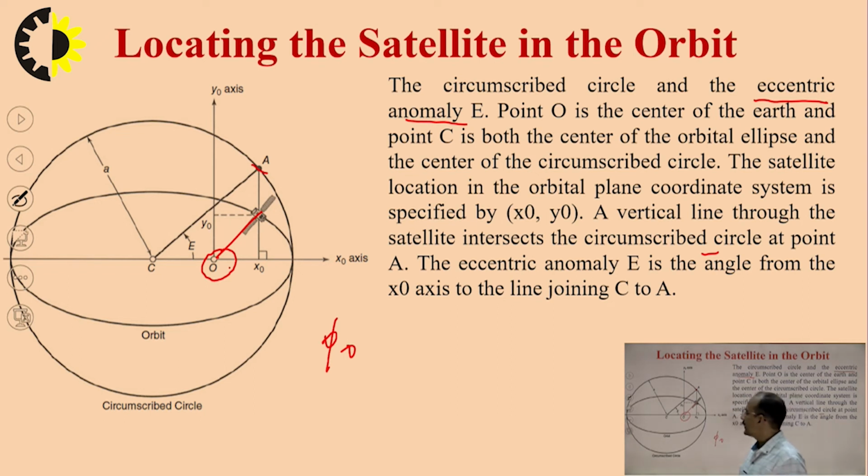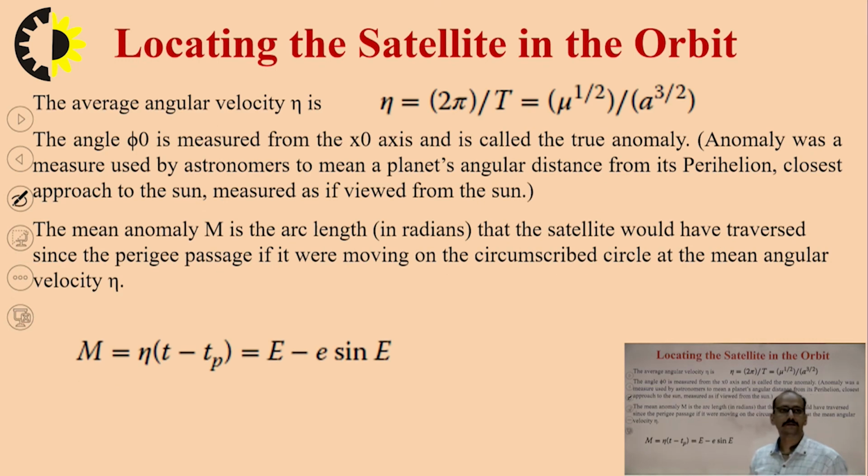When we join this point with C, we get the CA axis, and the angle between x naught and that CA axis is called the eccentric anomaly. So these both are going to help you locate the satellite in the orbit through the eccentric anomaly and the true anomaly. Now, what are we doing next?